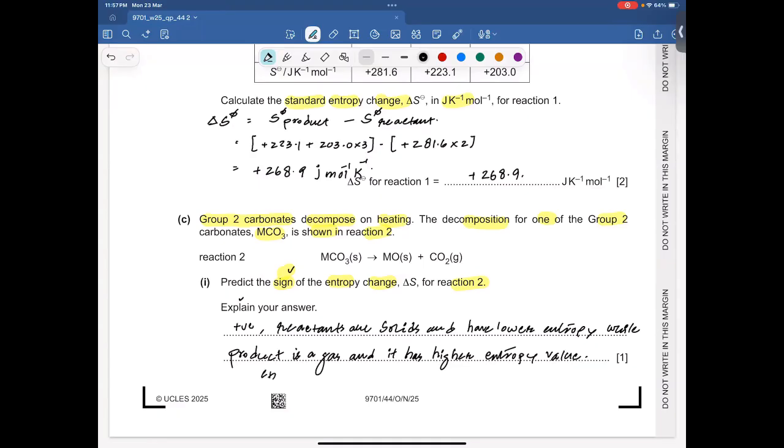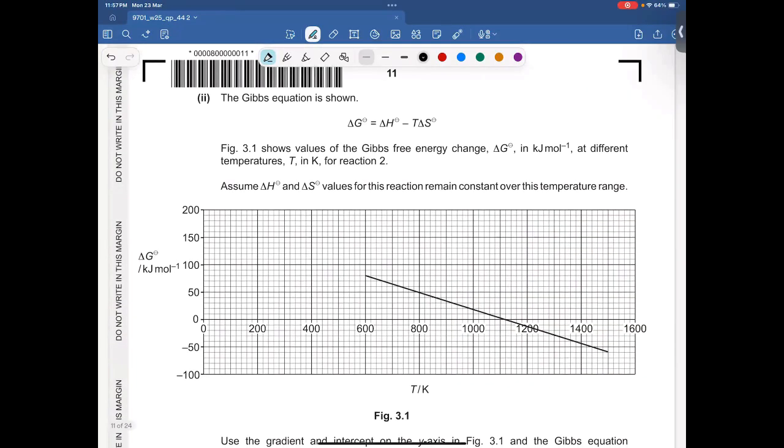So entropy increases during the reaction. And whenever entropy increases, value is going to be positive. Okay. Next page.